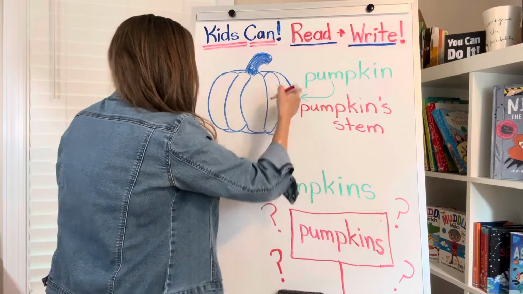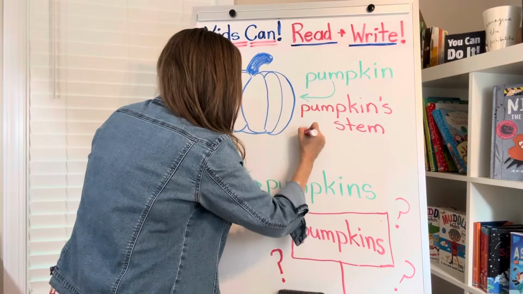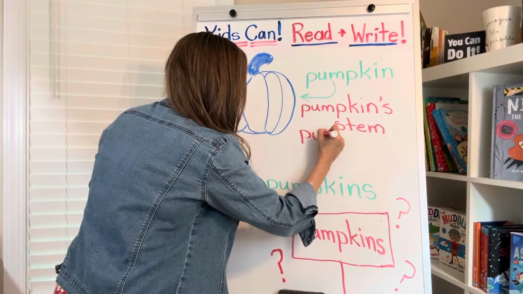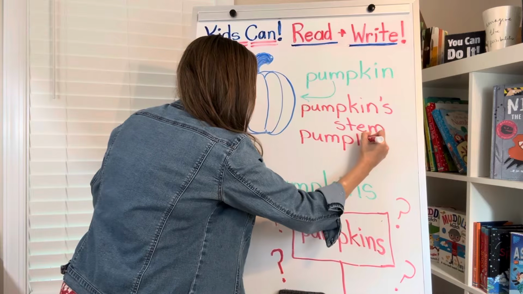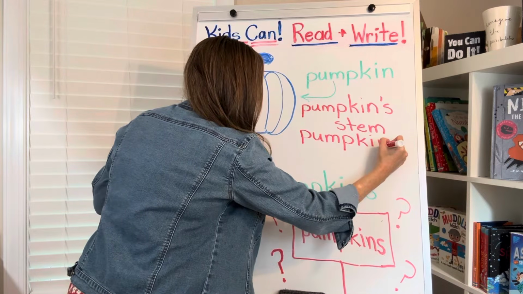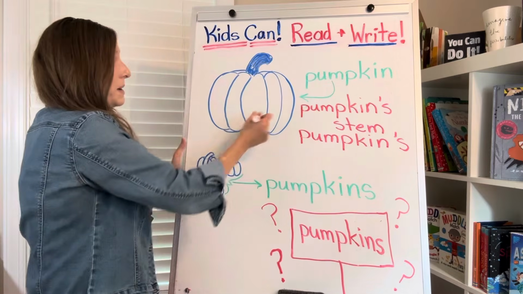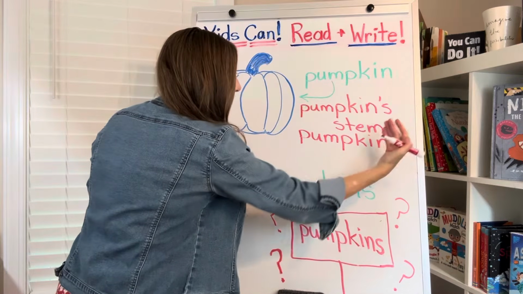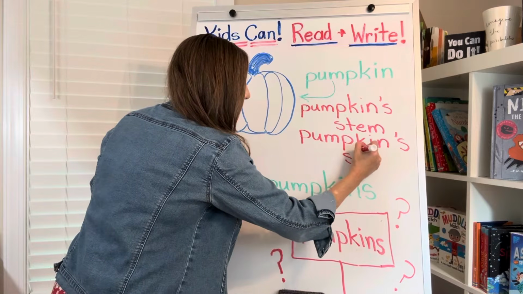If you wanted to say the pumpkin's size, again, you write pumpkin, and since something belongs to it, we put apostrophe S. We're talking about one pumpkin, but the pumpkin's size.